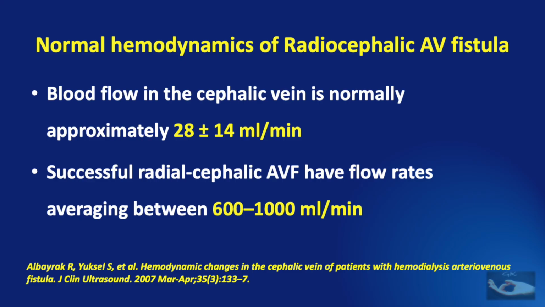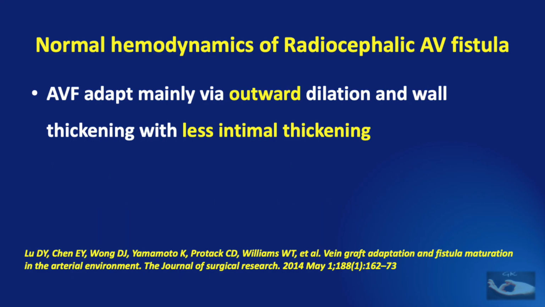So how is the vein able to accommodate this much increase in volume and pressure? The answer lies in the adaptation that occurs in the AV fistula, that is mainly outward dilatation and wall thickening with less intimal thickening. This would result in a successful fistula.